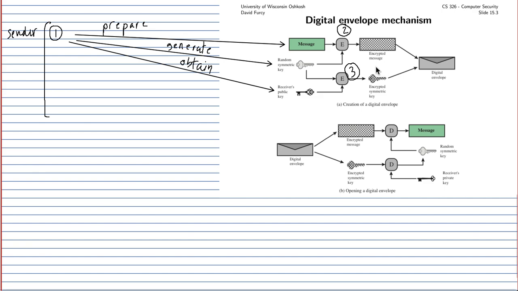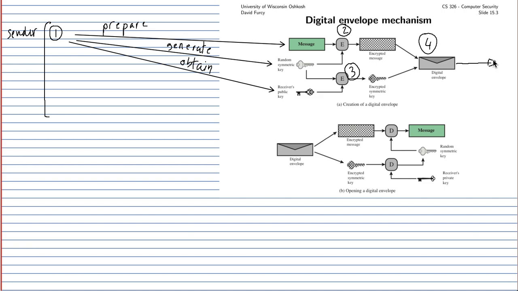The output of this operation is an encrypted symmetric key. In the final step, the sender is going to combine together into a digital envelope both the encrypted message and the encrypted symmetric key. And so this digital envelope is ready to be sent to the receiver.